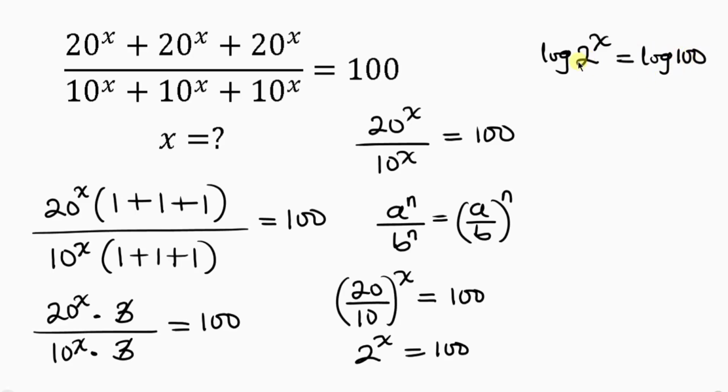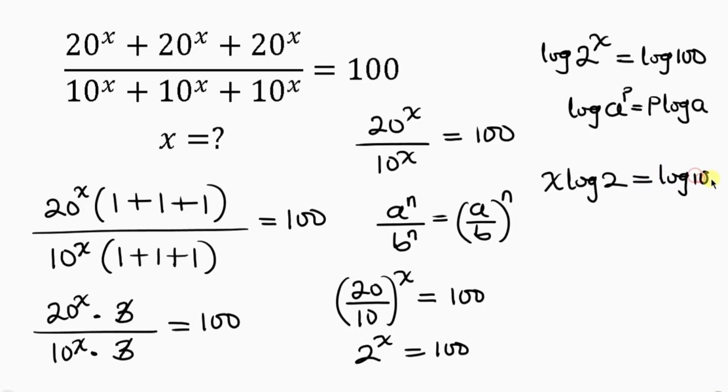Now let's apply the law of logarithm here that says when I have the log of a to the p, this can be written as p log a. That means this expression can now be written as x log 2 equal to log 100.